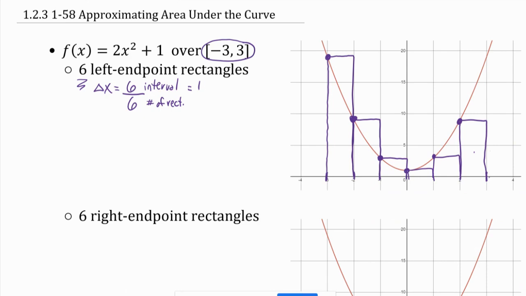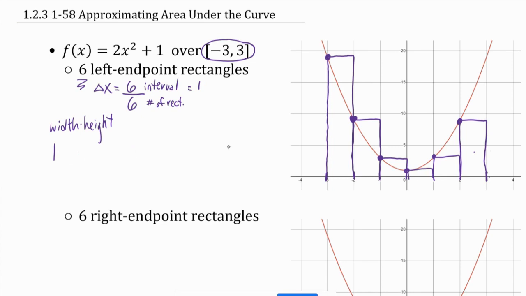Okay, and then we just need to add up the areas of all these rectangles. Well, rectangles are just width times height, right? Or base times height. Well, all of these have the same width. They all have widths of 1. So instead of doing 1 times my first height, plus my next rectangle, 1 times my next height, plus 1 times my next height, if all the widths are the same, because they're all 1, then we don't need to add them all up separately.